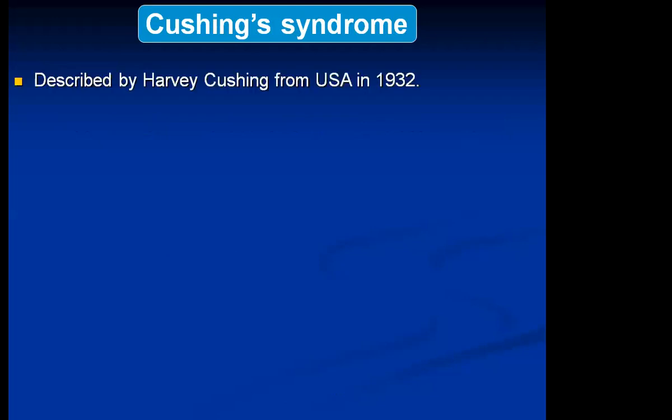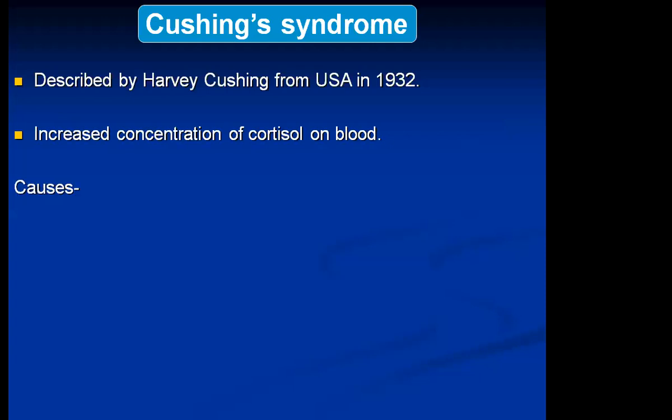Now, very important condition. One is known as Cushing's syndrome. It was described by a scientist called Harvey Cushing from USA. There is increased concentration of cortisol in the blood. So what is the cause?